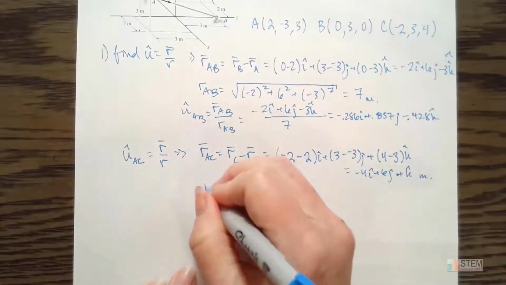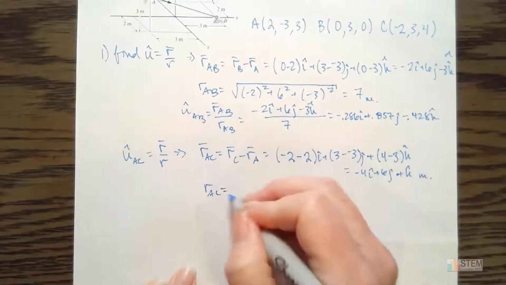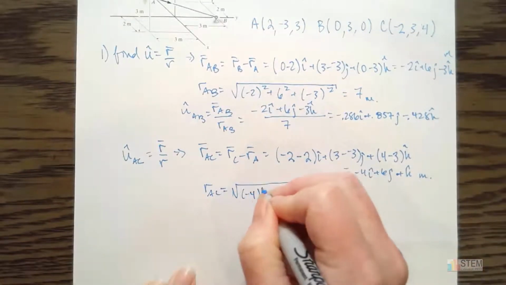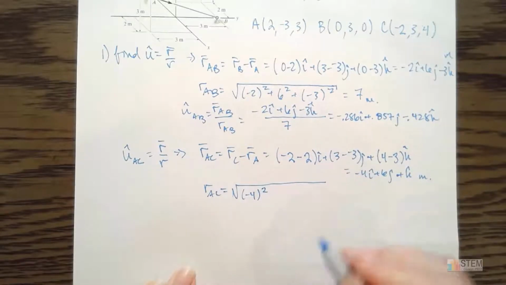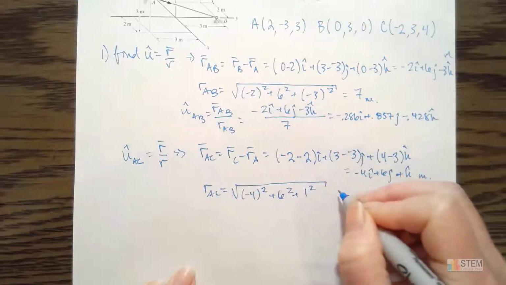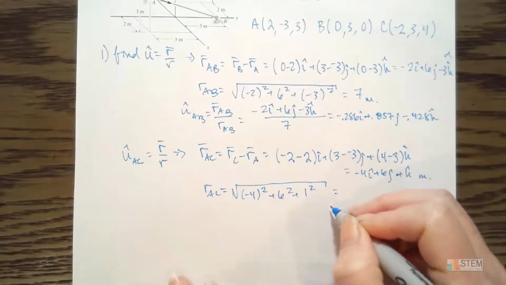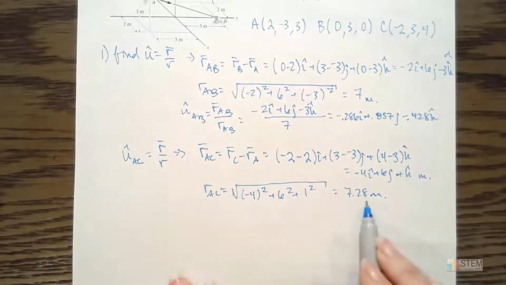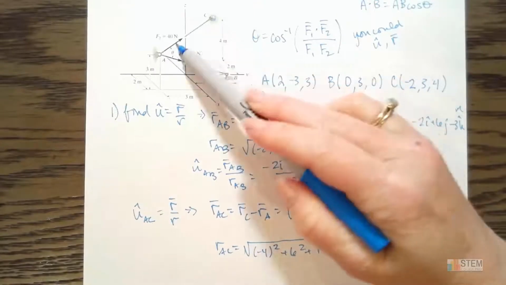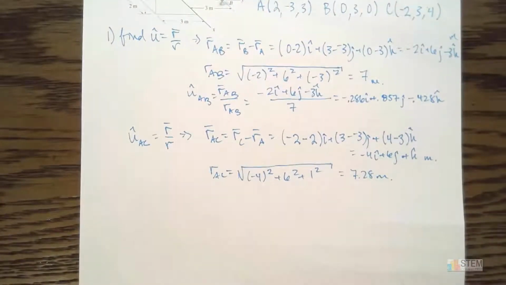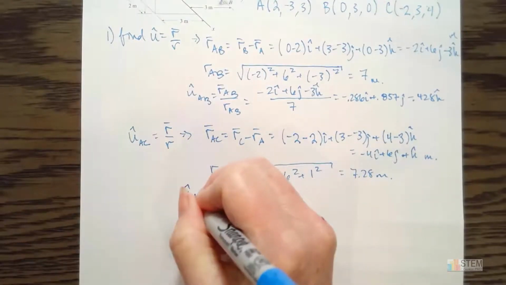Now let's find the magnitude. Square root, sum of the squares. You get negative 4 squared plus 6 squared plus 1 squared, and that gives us 7.28 meters. Again, this is the length of the cable from A to C, so this one is slightly longer than this one. Now let's get our unit vector.